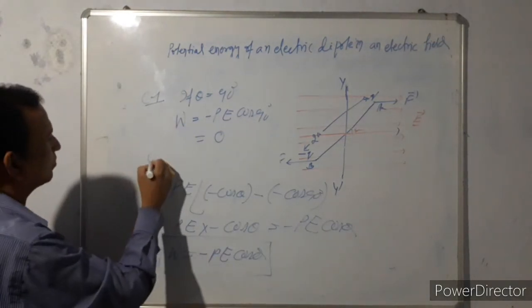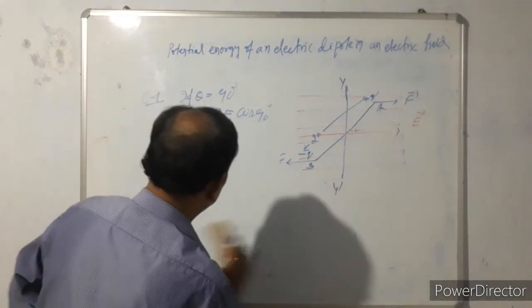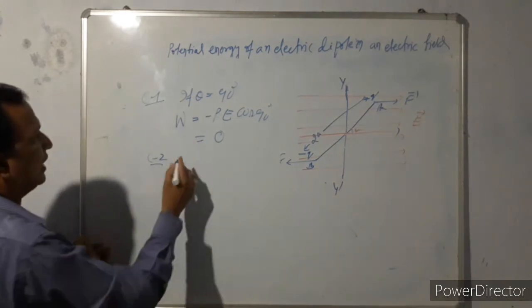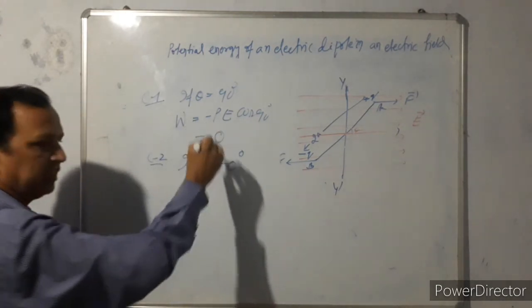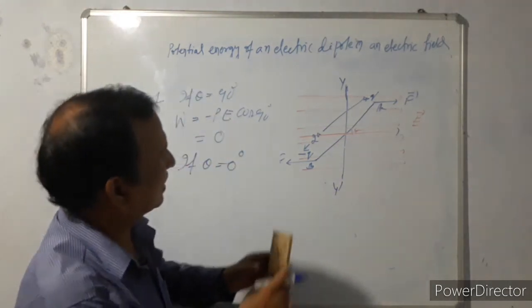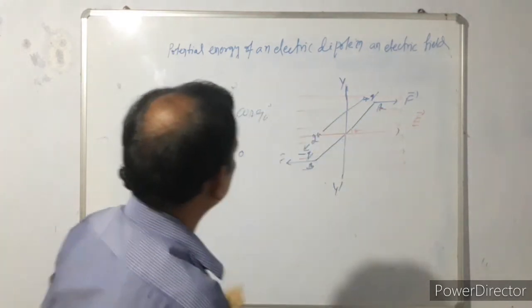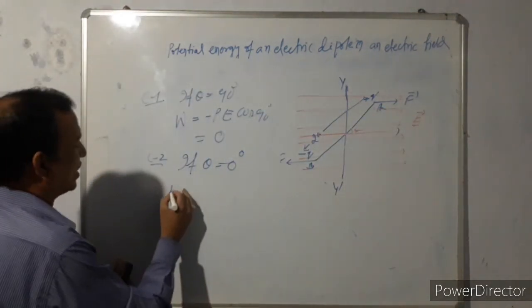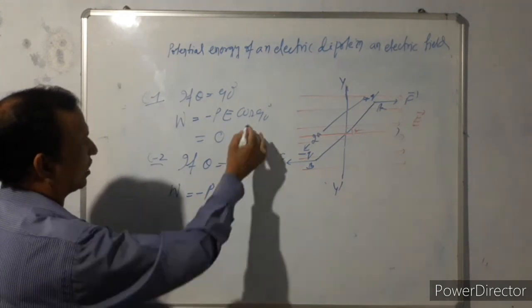Case 2. If theta is equal to 0 degree, theta 0 means the dipole is along this line direction. So that means what is your W? Minus P E cos 0.